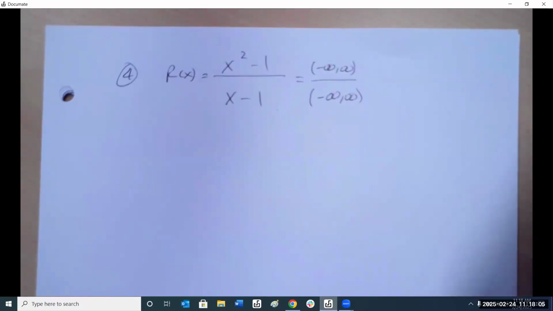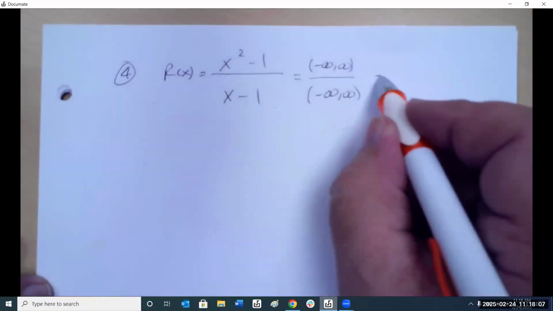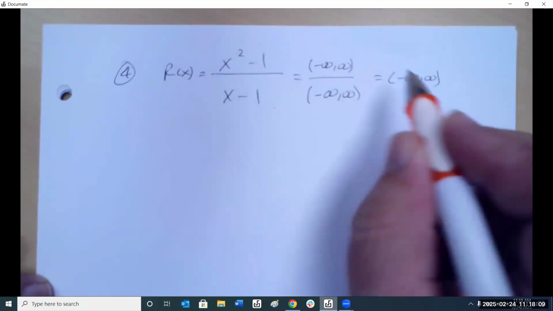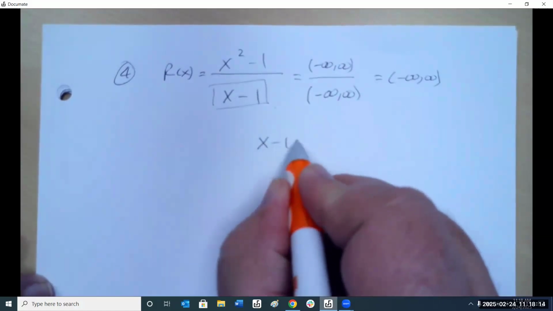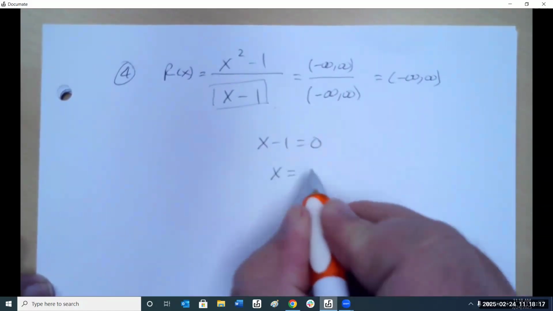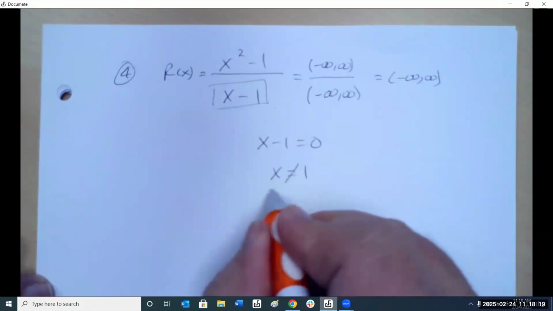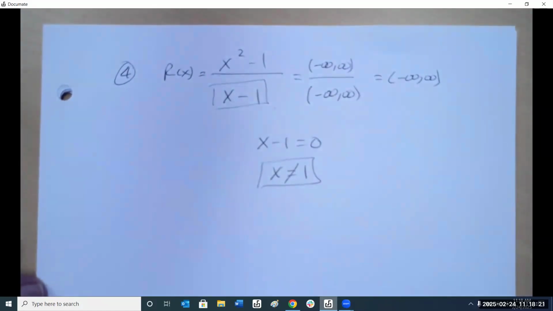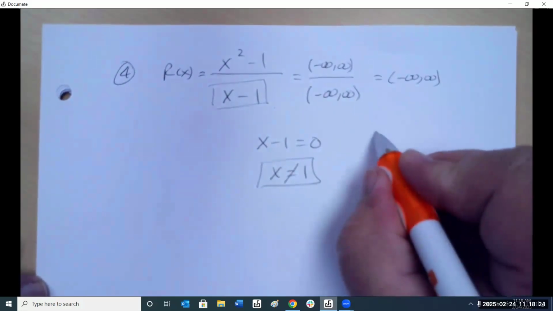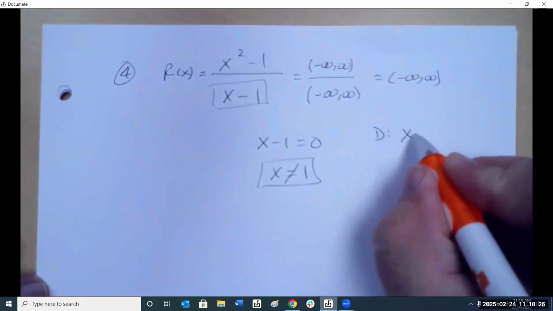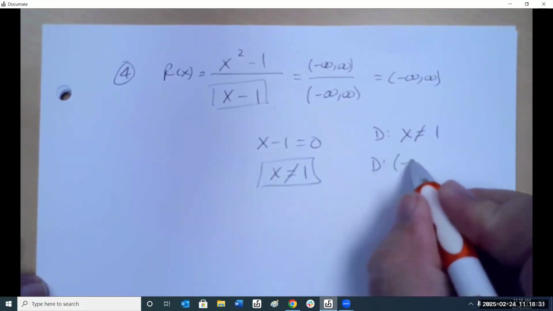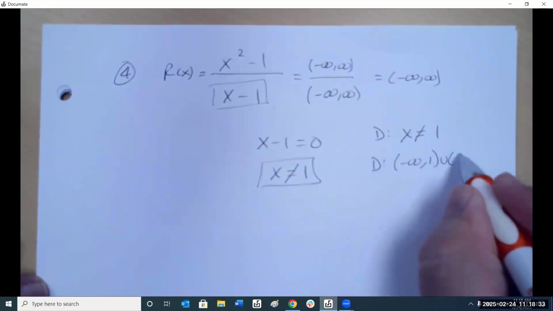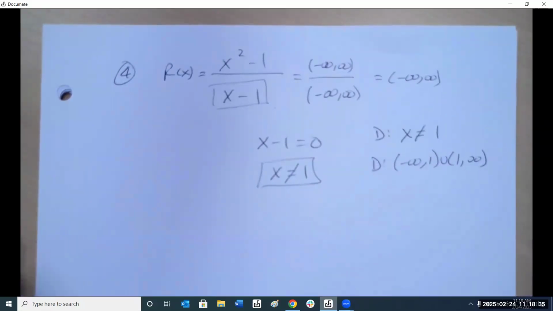So far, our domain is negative infinity to positive infinity, because that's the way both of them are. Now we have to check the bottom. Set it equal to 0. So that's the only value we cannot use. The domain is x cannot equal 1, or you can say from negative infinity to 1, union 1 to infinity.